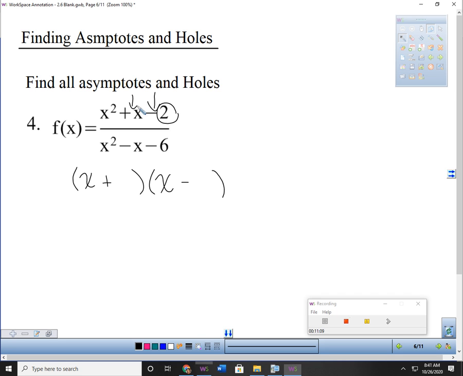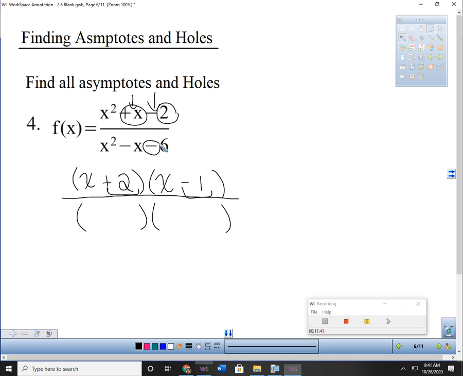But I want the middle to be a positive 1x. So that means I have to put the 2 with the positive and the 1 back here, because 2 plus a negative 1 would give me a positive 1. Okay? All right, so I've got that factored. Now I'm going to factor the bottom.